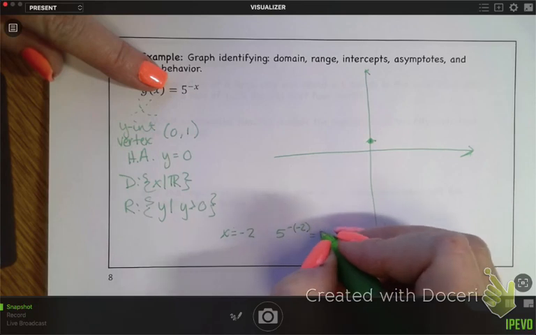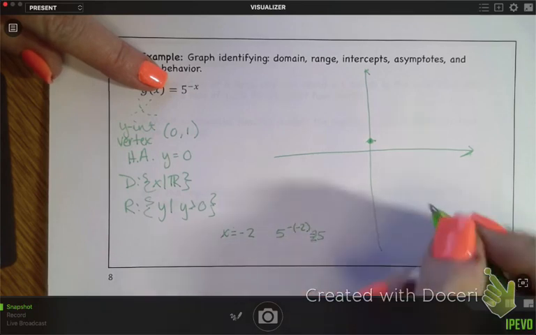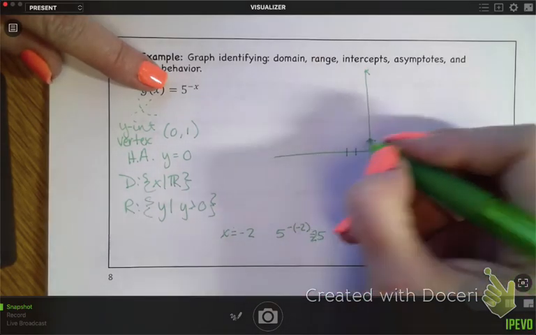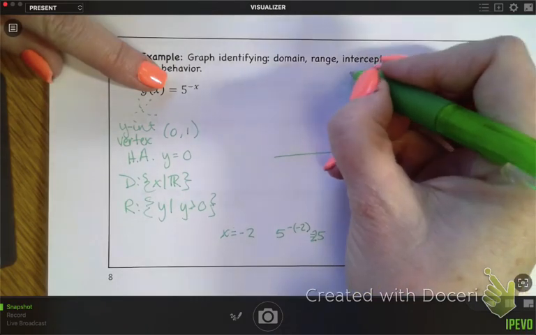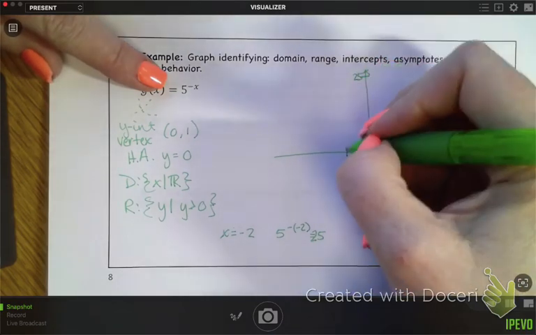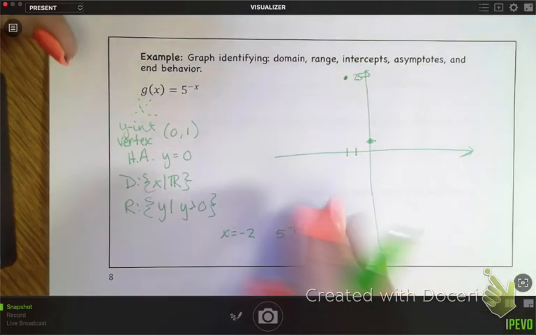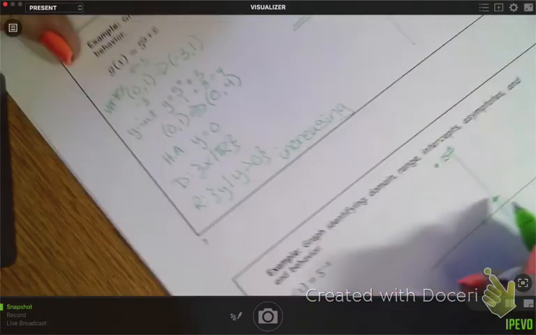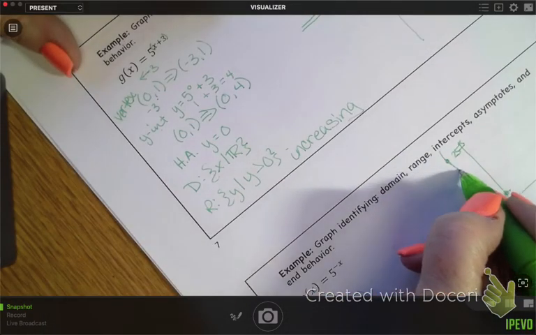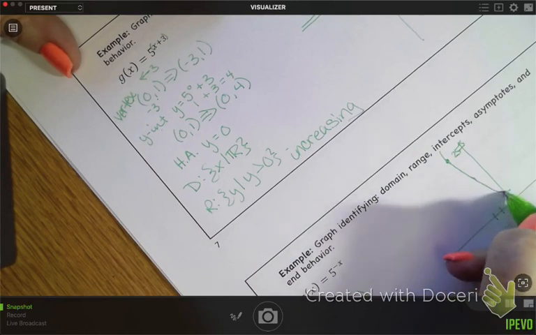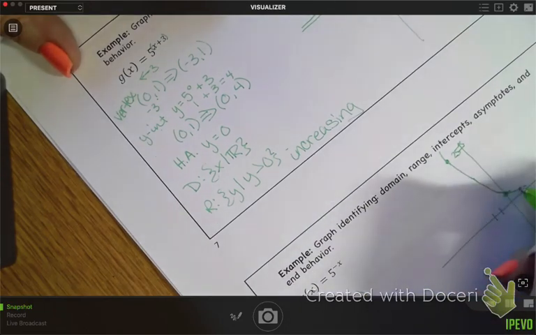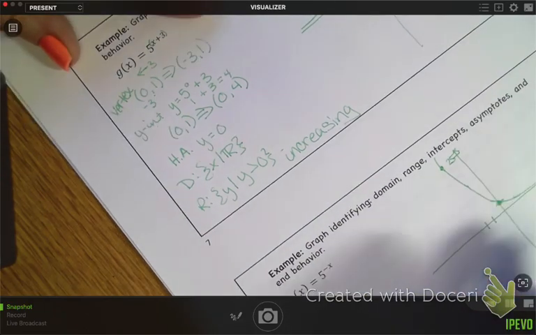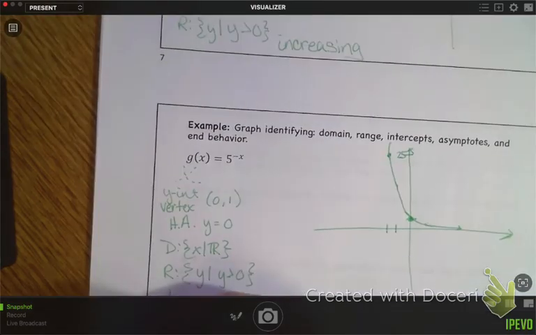So that gives me 5 squared, which is 25. So at negative 2, I go clear up to 25. So in order to fit those two conditions, this is going to be decreasing. Like I had projected before, that it would be decreasing. So it is decreasing.